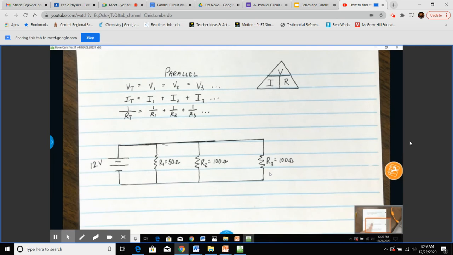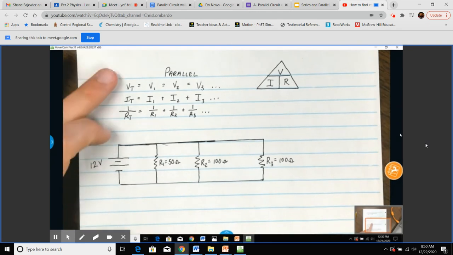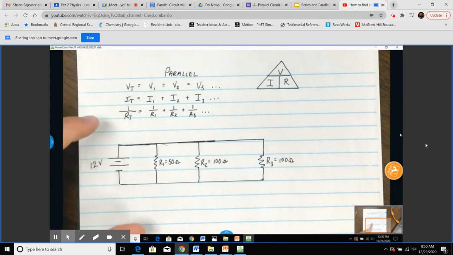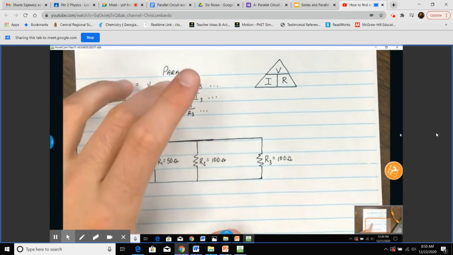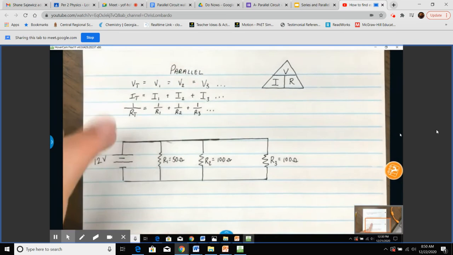All right, guys, so this is how we're going to go about solving a series circuit. I'm sorry, parallel circuit. We're still going to use Ohm's law, but the rules are slightly different. So in a parallel circuit, the voltage and the voltage drops are going to be the exact same.